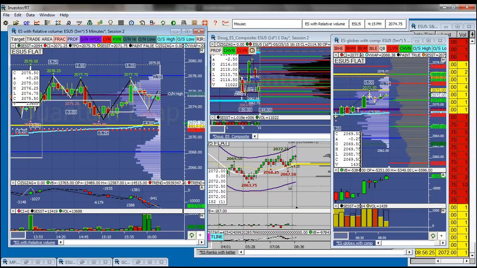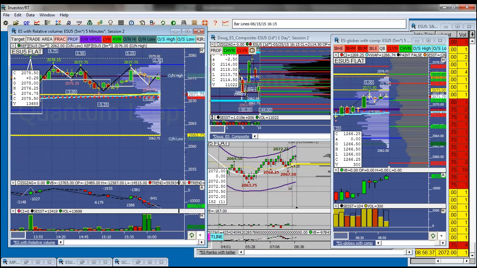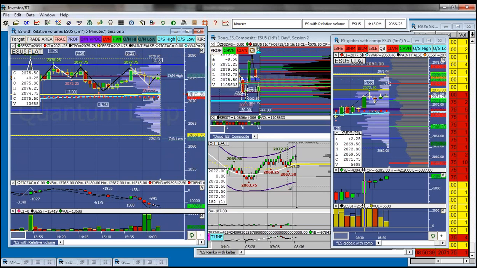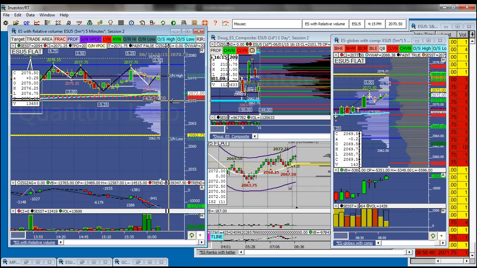Our overnight low is at 62, and of course it's just below that RTA low from yesterday. And then our current VPOC is at 69 1/4.